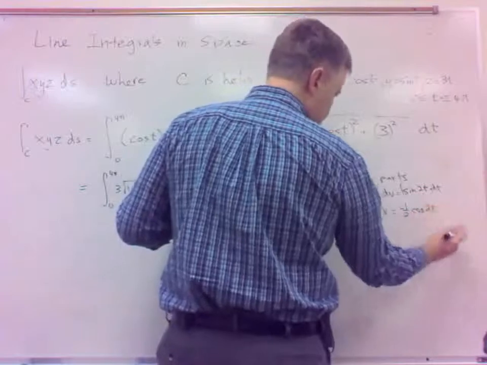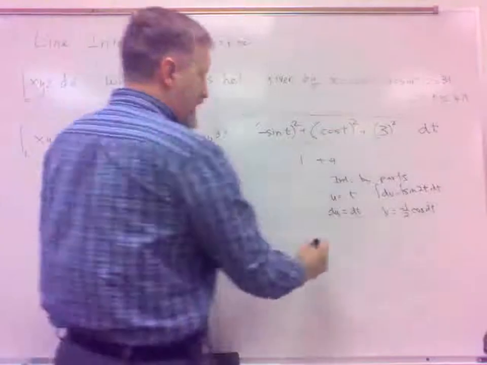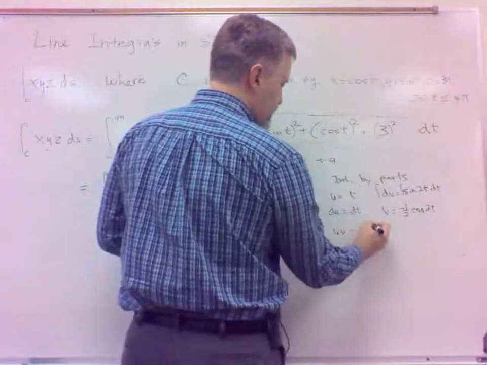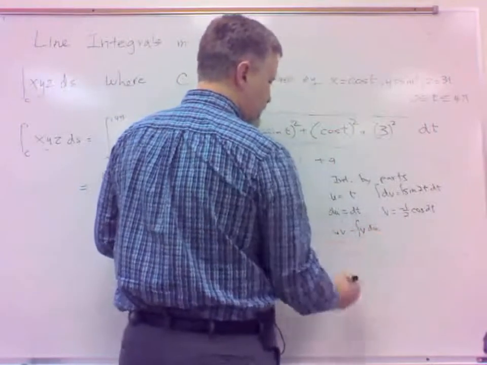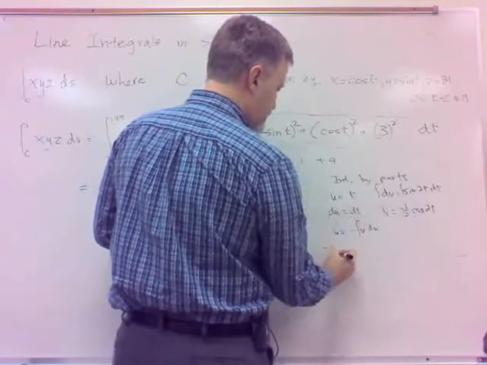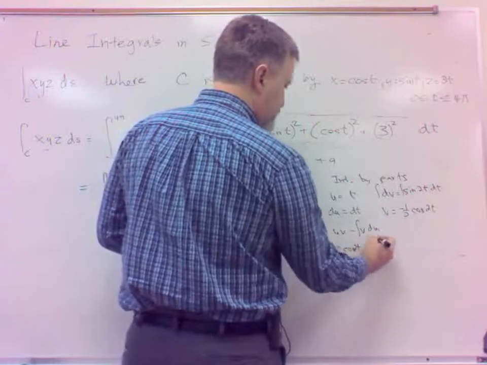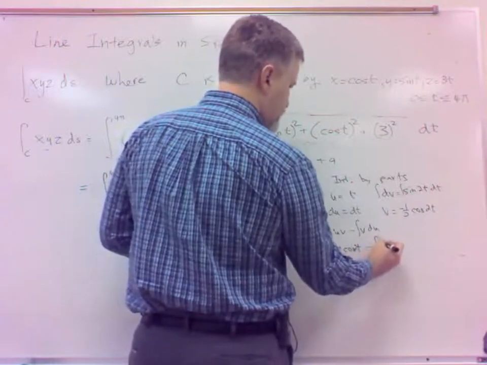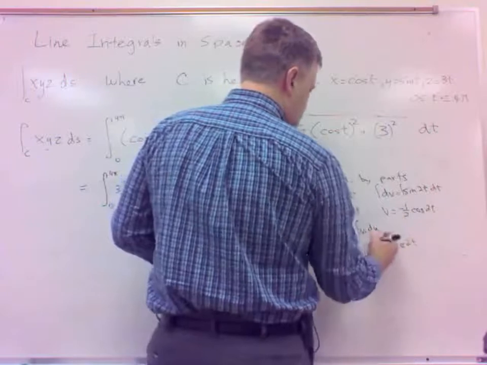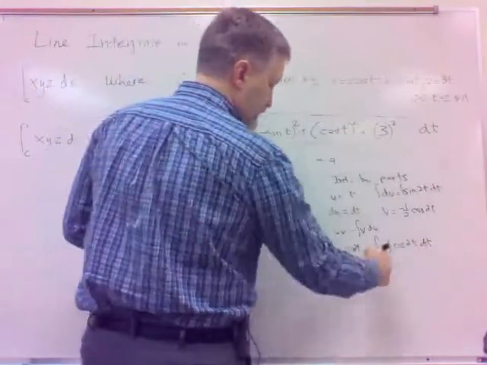A little bit of substitution actually involved there. And so integration by parts, you've got uv minus the integral of v du. And so that would be t times this. So it would be negative 1/2 t cosine 2t minus the integral of v, which is negative 1/2 cosine 2t, du, so that would be dt. So that works out pretty good.